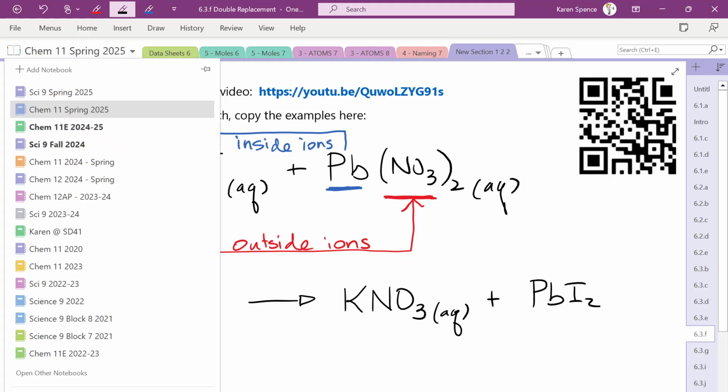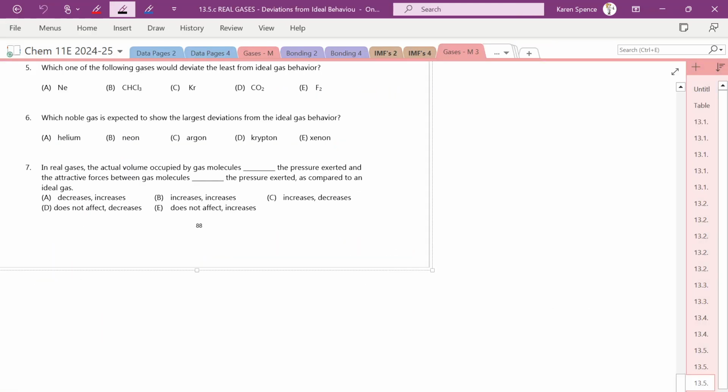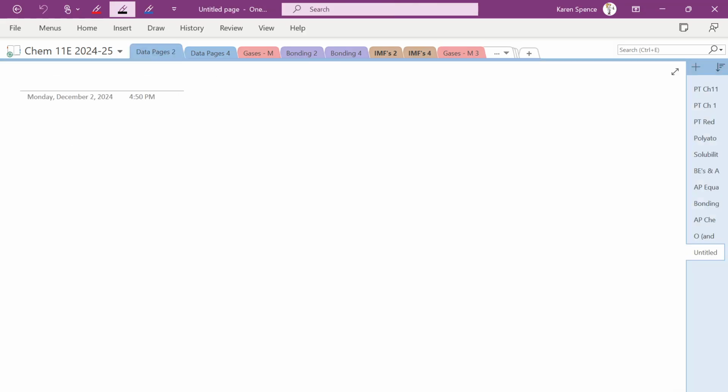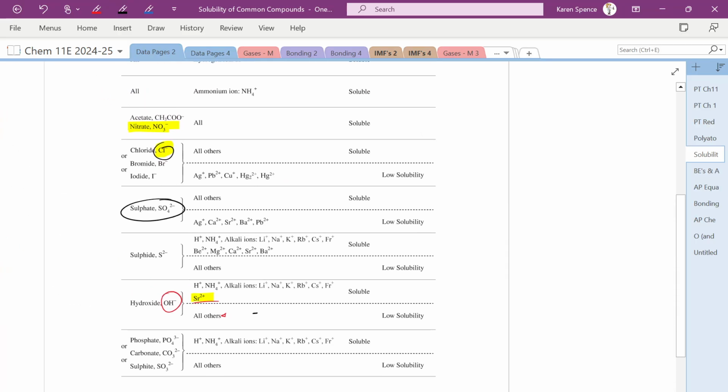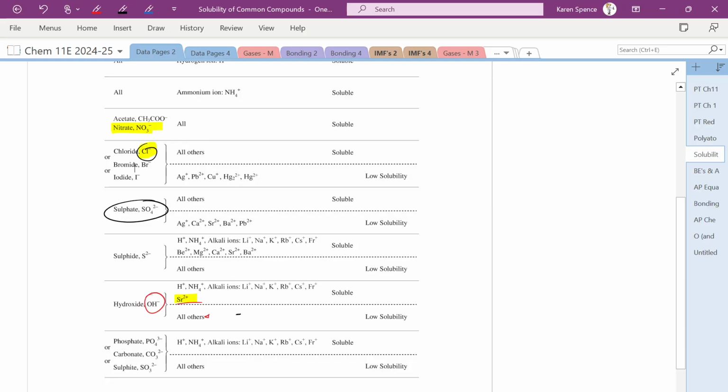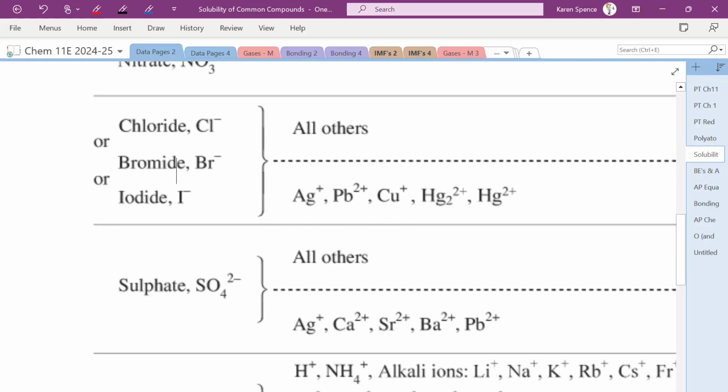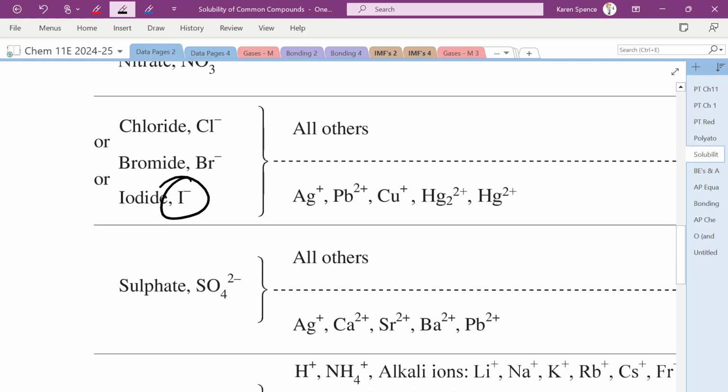And if you guys wouldn't mind too much, could you go look on your solubility table and tell me, is PbI2 solid or aqueous? So remember, you look up the anion, so you're going to be looking up the I. Okay, so you say, I look up my anion, and then it's going with lead.